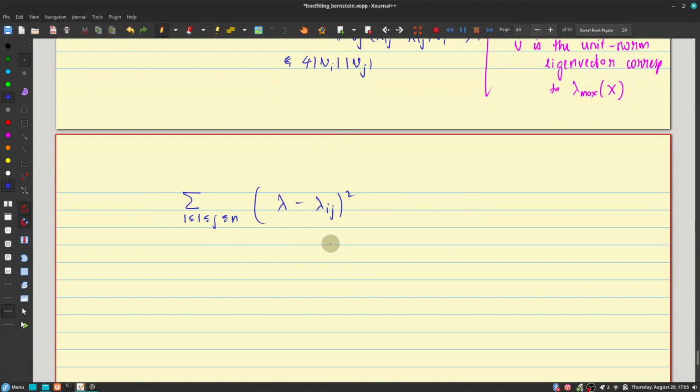If I can get an upper bound on this, then I can use Efron-Stein to get an upper bound on the variance of the largest eigenvalue. So this can be upper bounded, let me just directly apply it for a given X, by the summation over 1 less than or equal to i less than or equal to j less than or equal to n of 4 times, if I take this squared, then I get 16 times vi square vj square.